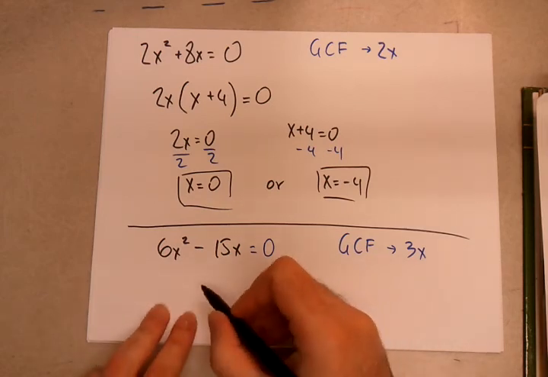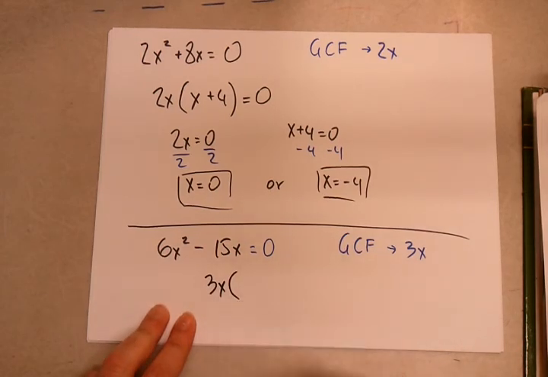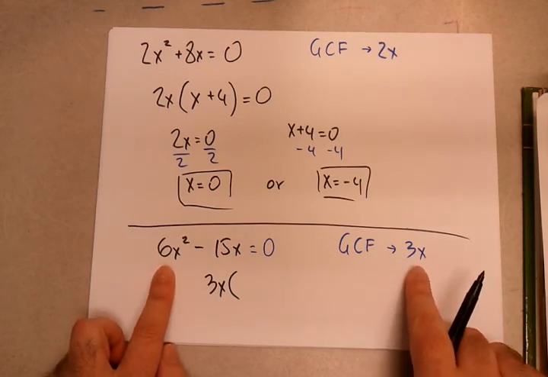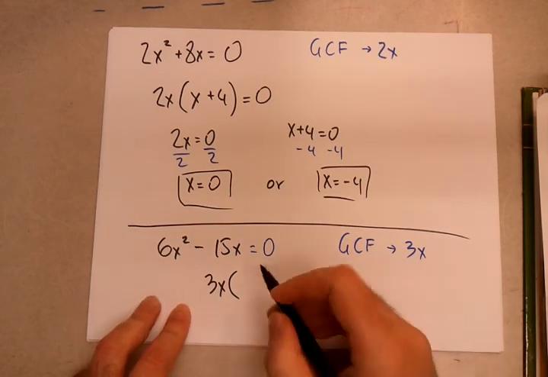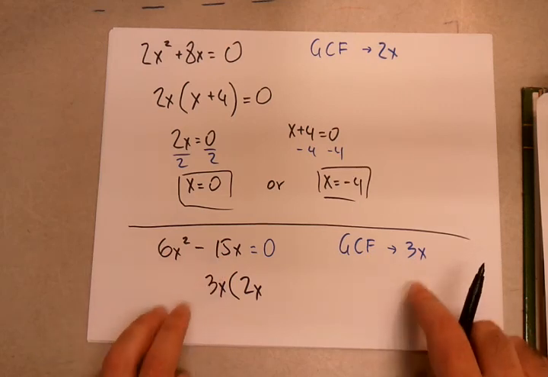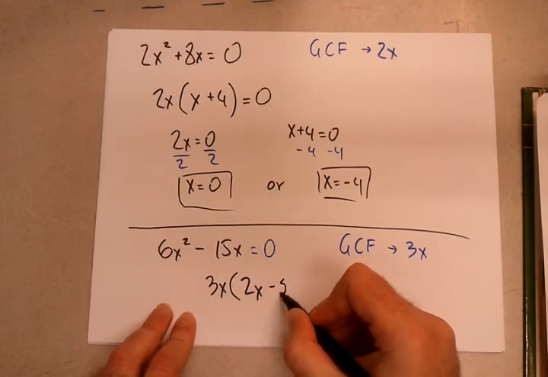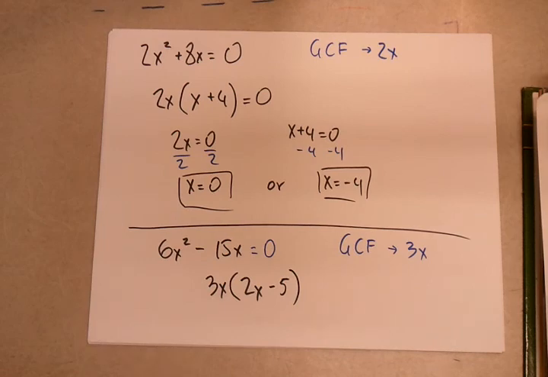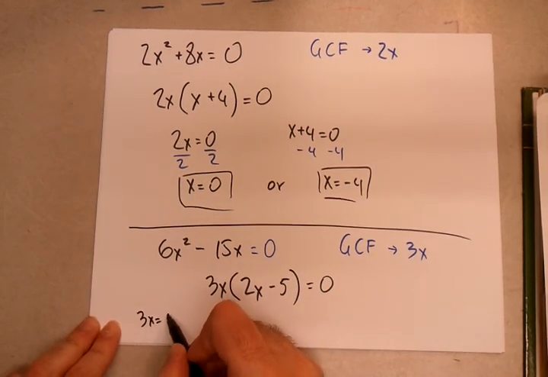So the GCF goes outside when we factor, and what's left goes inside. 6x squared divided by 3x is going to give us just 2x. Negative 15x divided by 3x is going to give us just a -5. All equals 0.